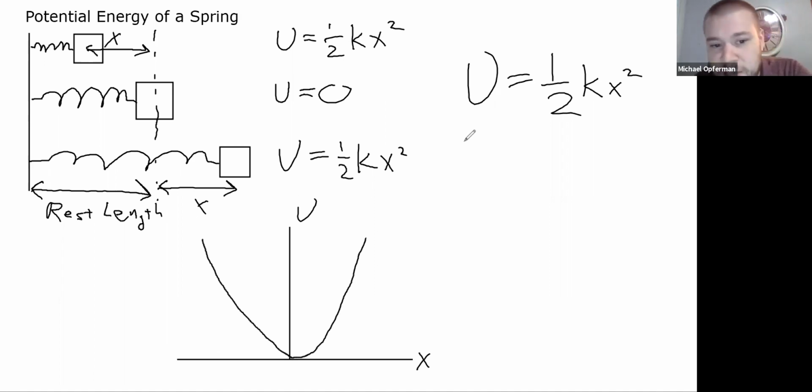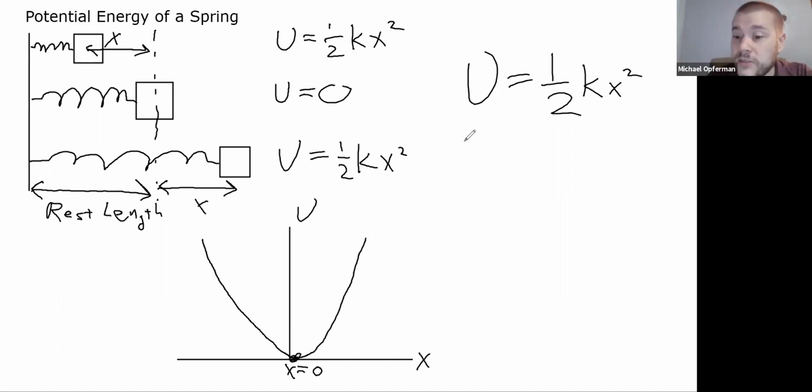So, well, it's a little off-center parabola. But anyways, it's something like that, where it's curved upwards like that. And the minimum occurs at x equals 0 and U equals 0, where the spring is neither stretched nor compressed, and also it's not storing any energy. If you put in a positive x or a negative x, the potential energy is positive.